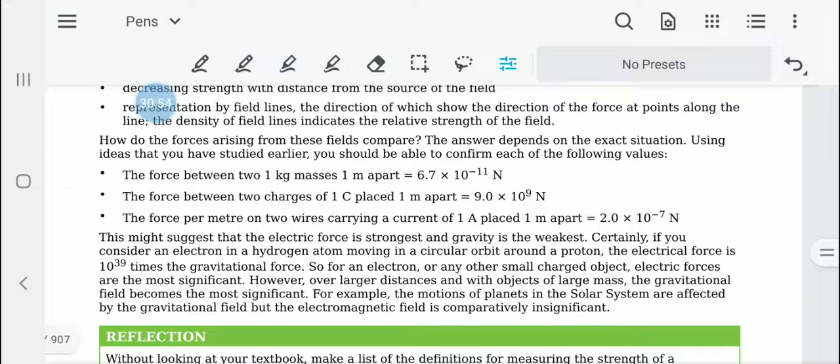Number 3, electric: the force between two charges of 1 coulomb placed 1 meter apart equals 9 into 10 to the power 9 newtons.